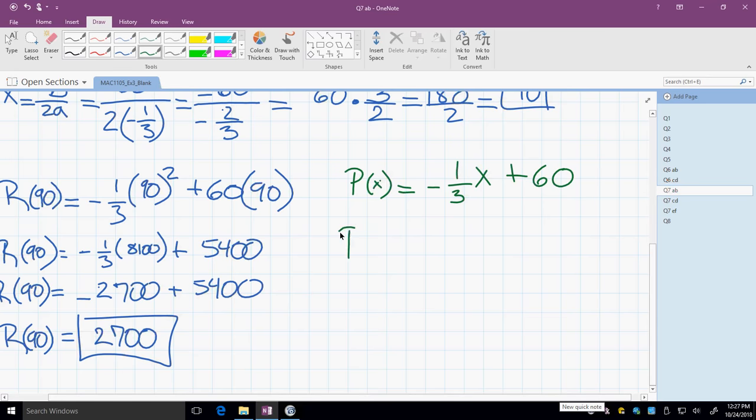We want our maximum revenue. Our quantity to maximize revenue was 90 units. Now we're going to plug it into the price function and solve it.